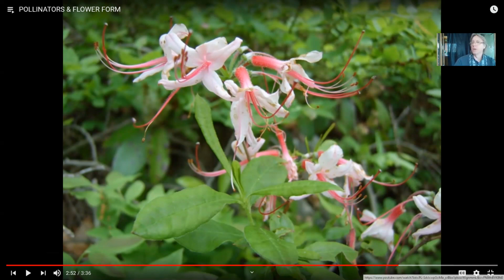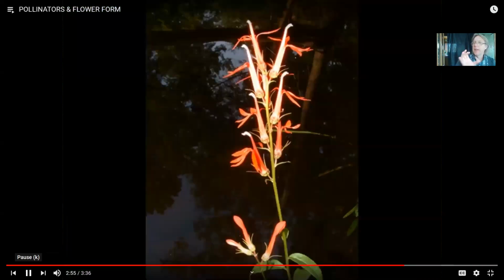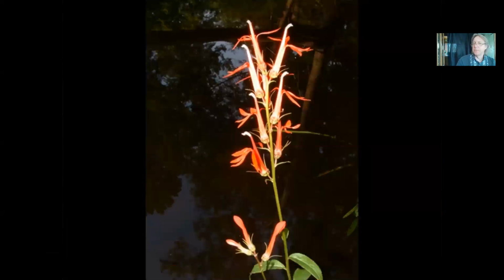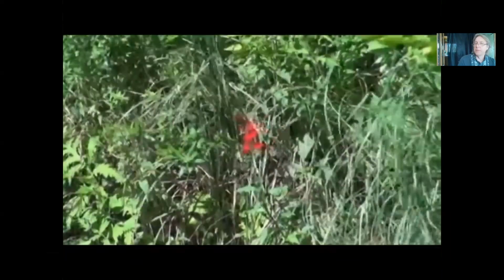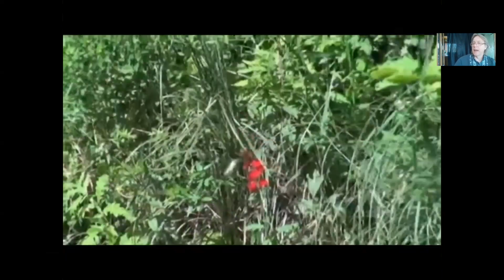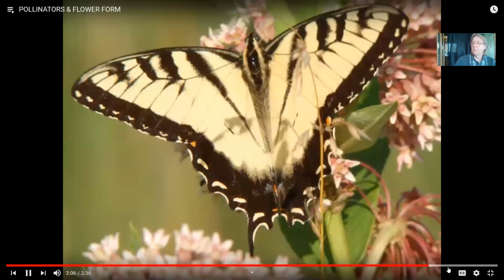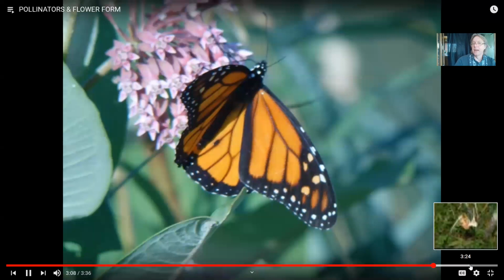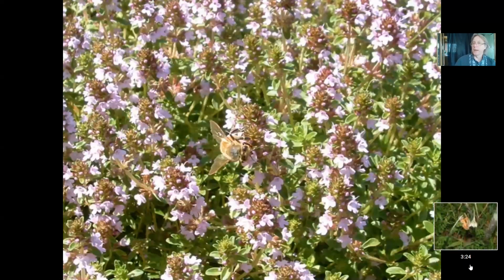So something like a hummingbird, which is going to hover near the plant, that flower is designed to be pollinated by hummingbirds. Hummingbirds and butterflies see red flowers that something like a bee might perceive as black. And so when we look at the diversity of flowers, it's not random.